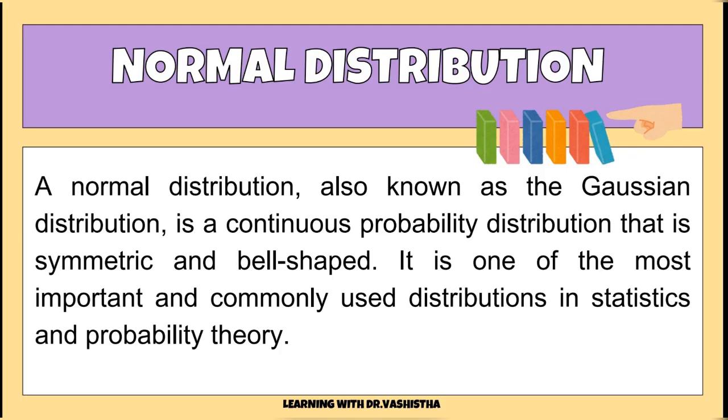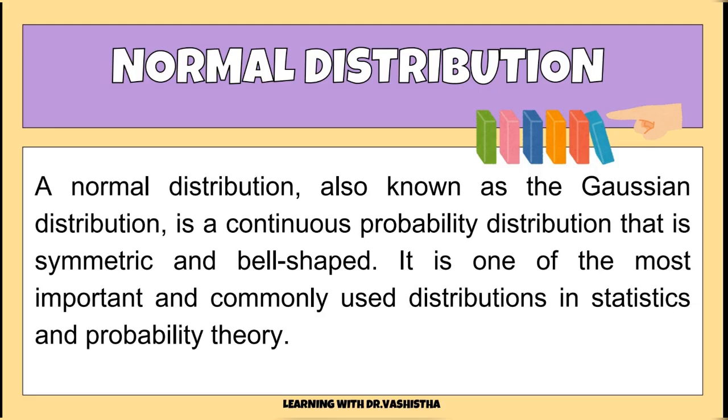So we'll start with the normal distribution, also known as the Gaussian distribution, and it is the most symmetrical bell-shaped distribution where the probability distribution is shown to be symmetrical about the mean, which means that the data near the mean is more frequent in occurrence than the data which is far from the mean.